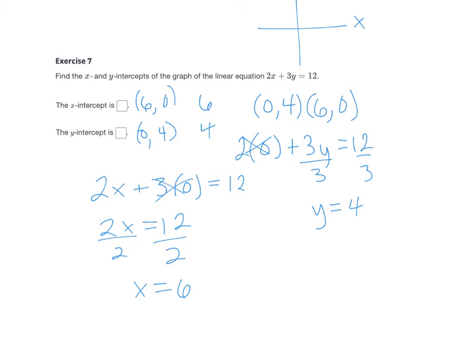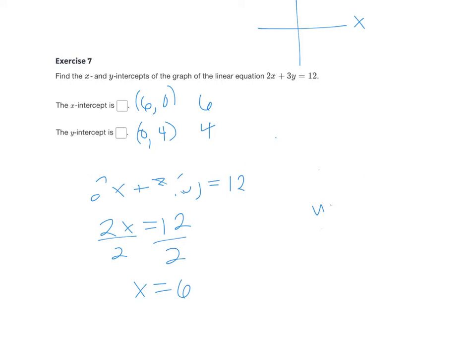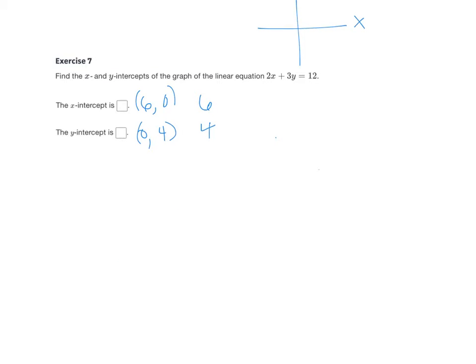Now, I do want to just go over quickly the cover-up method. If you use the cover-up method, or quick graphs as they're sometimes called, let me just clear this up.